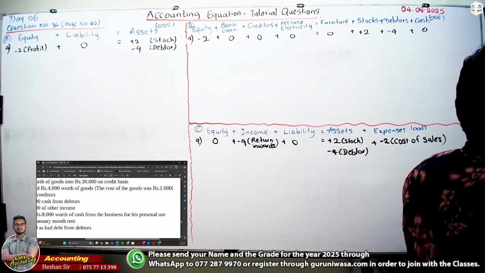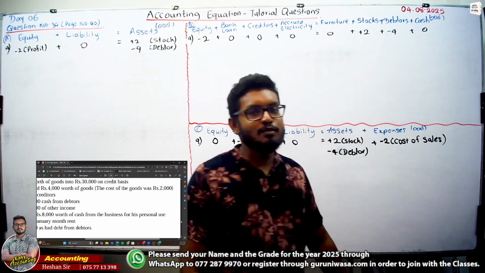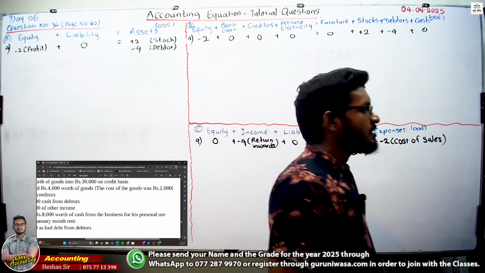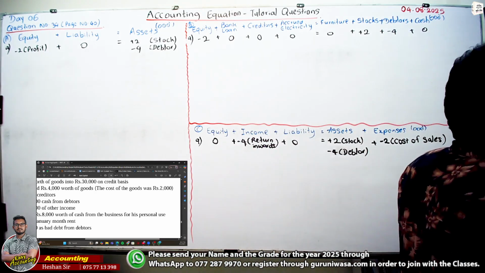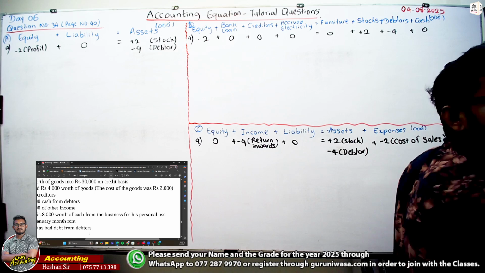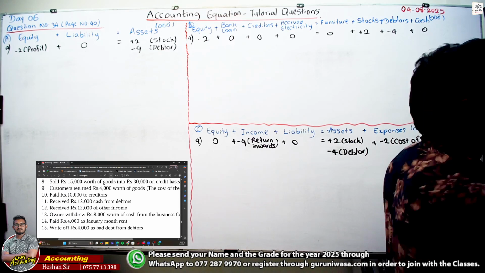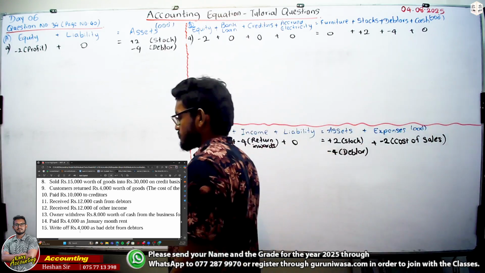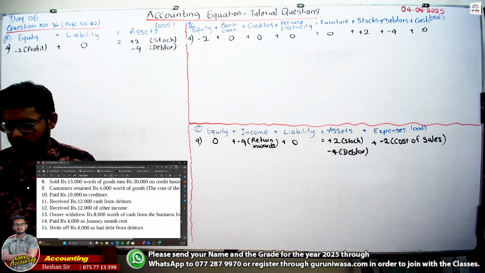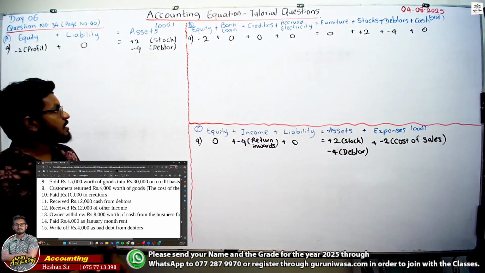Don't think too much. In the accounting equation past papers I have done, not one has been like this. Don't worry about it. But in term tests, for sure they will test you like this. Right? Number 10.